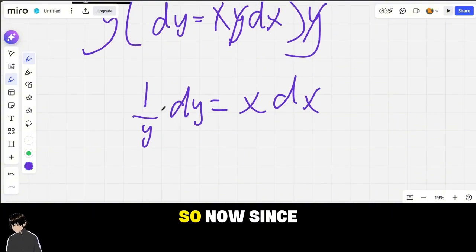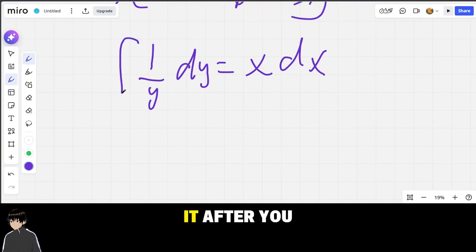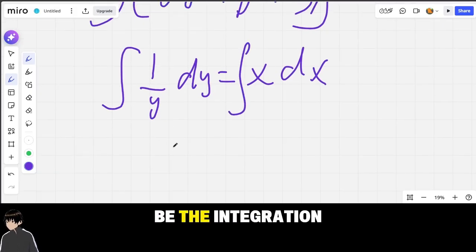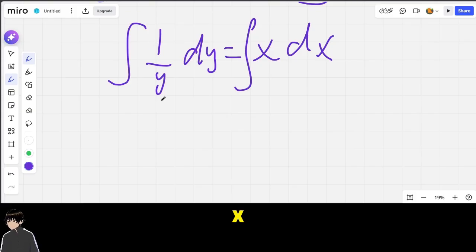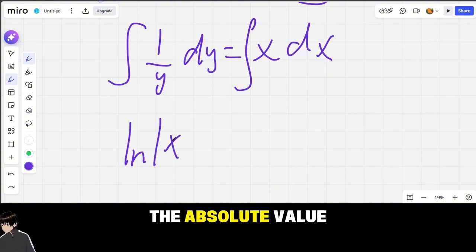So now, since we have this, now you have to integrate it. After you integrate it, 1 over y is going to be the integration of 1 over x. 1 over x is always ln, and then the absolute value of the variable.